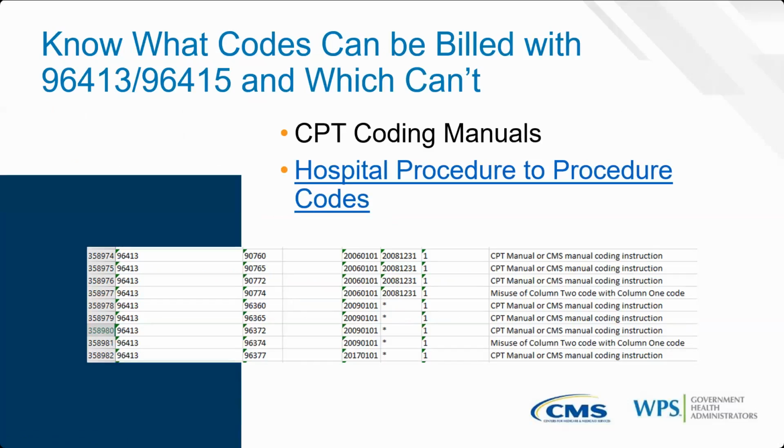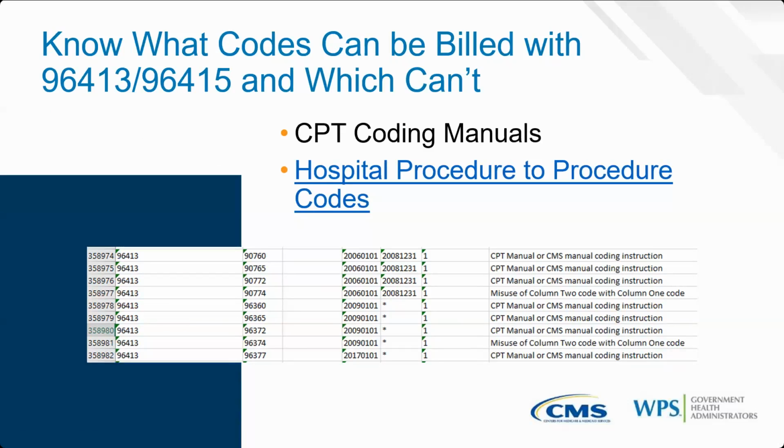All right. So moving on, know what codes can be billed with the 96413 and the 96415. If you're the person that bills for these services in your facility, it's important to know what you can and cannot bill together.